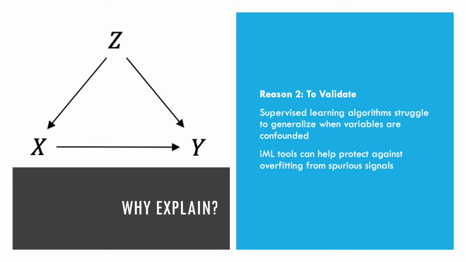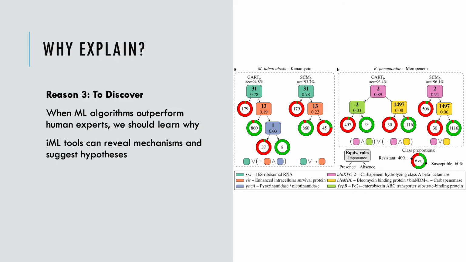But those are not the most commonly used algorithms we see in supervised learning today. We see more off-the-shelf methods. IML tools can help protect against this kind of overfitting and spurious signals. This is probably the most popular use of these tools among computer scientists, just to troubleshoot and see what is driving potentially erroneous predictions. That's another key use case for these tools.